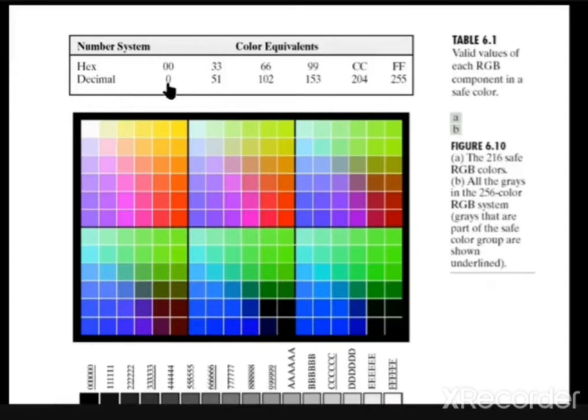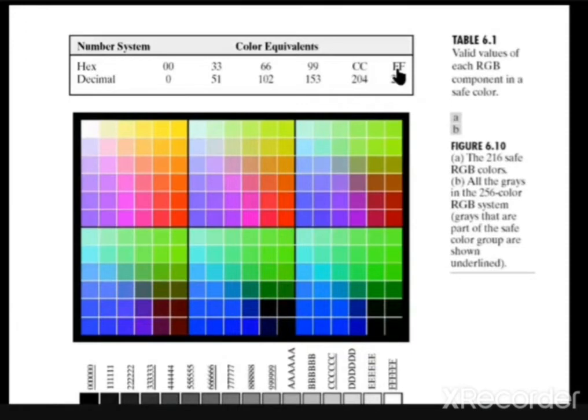Here I'll show you decimal values so you can easily understand. The red, green, and blue can take 6 different values. They are 0, 51, 102, 153, 204, and 255. In the first row, he has given the equivalent hexadecimal values.